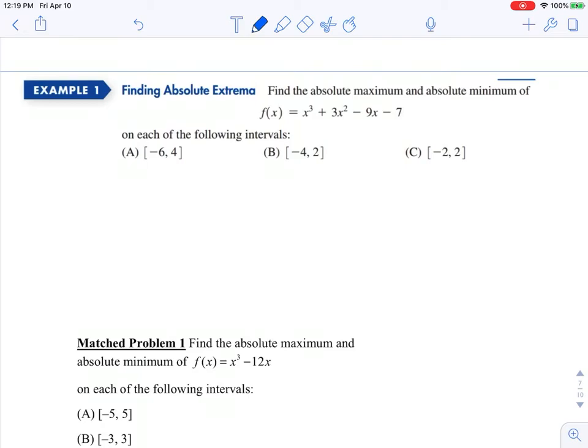So let's look at an example. Find the absolute max and absolute min of this function.